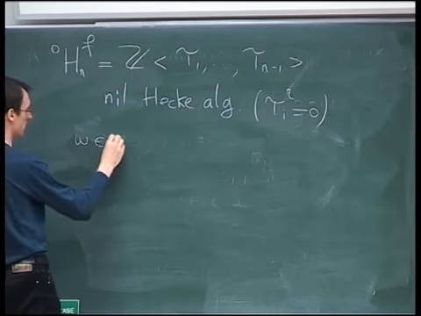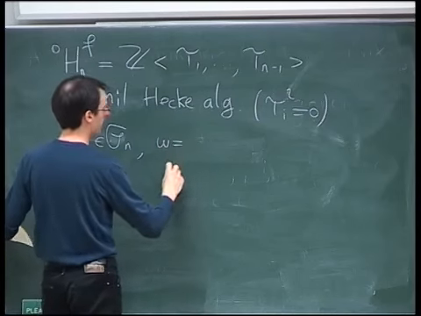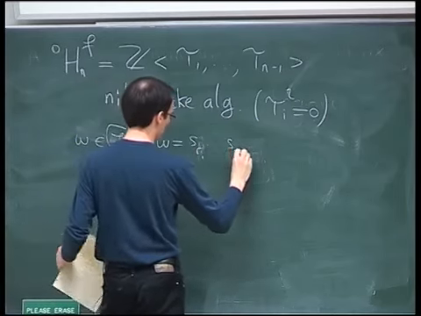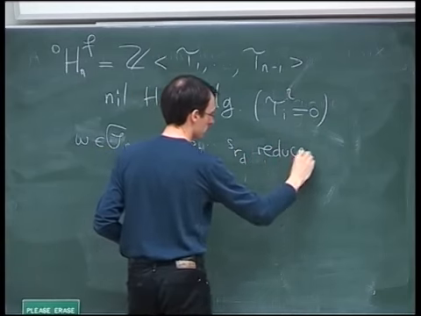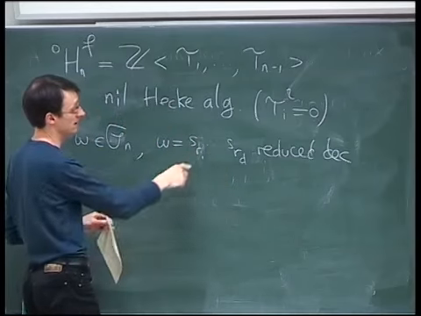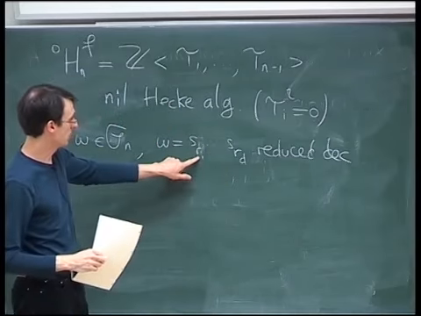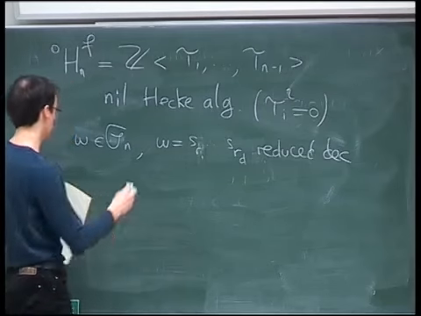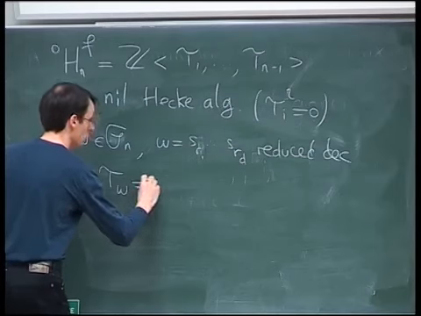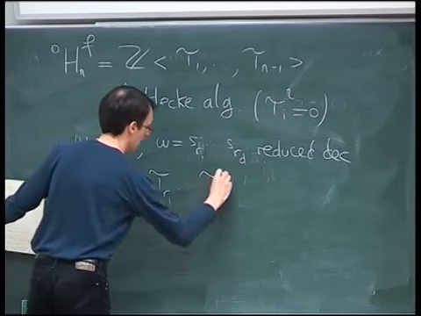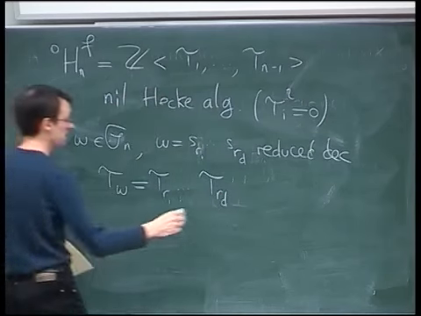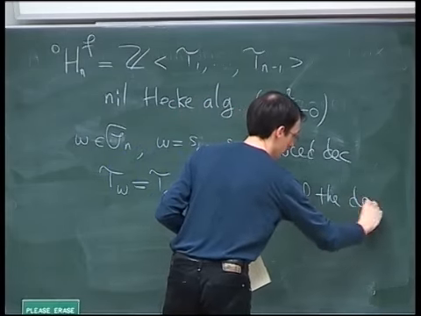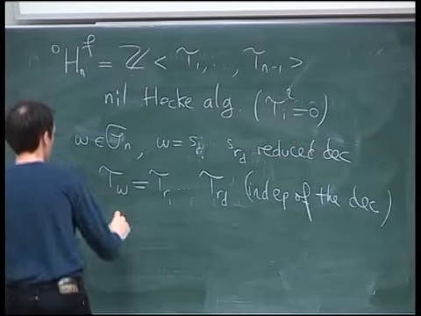So if you take w in the symmetric group S_n, and if you take w equals s_{i1} up to s_{id}, a reduced decomposition, where s_i is the transposition of the integer i and i plus 1, the usual thing, then you can define tau_w to be the product tau_{i1} up to tau_{id}. And this is independent of the decomposition. That's the usual Hecke thing. And the set of tau_w gives a basis.